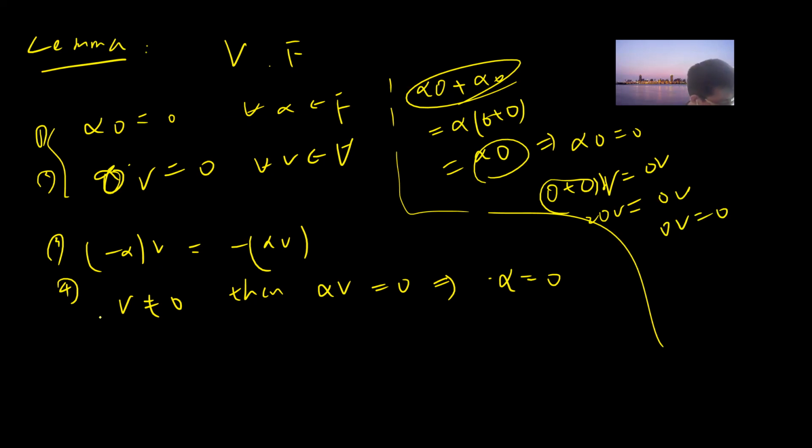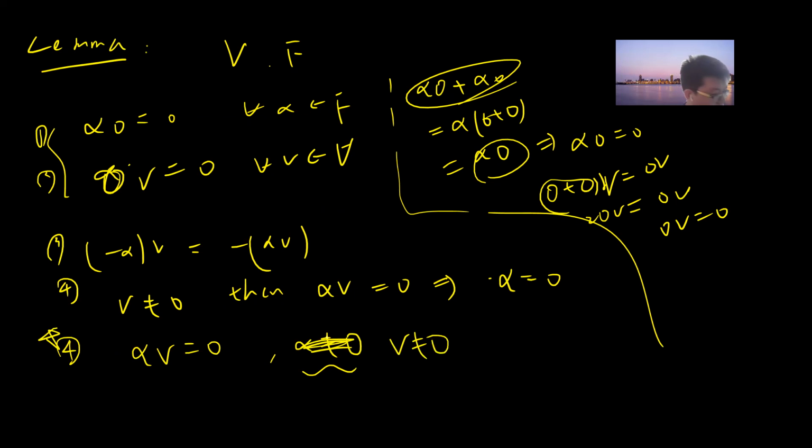Let's check number 4. If alpha V is 0 and V is non-zero, suppose alpha is non-zero.